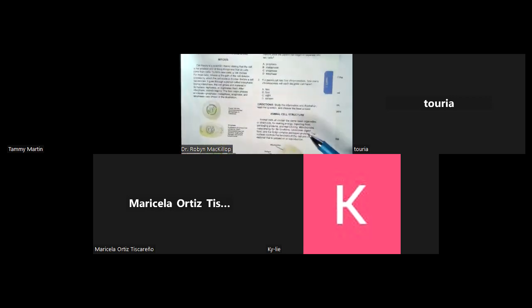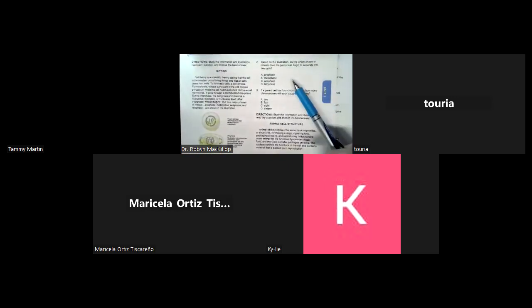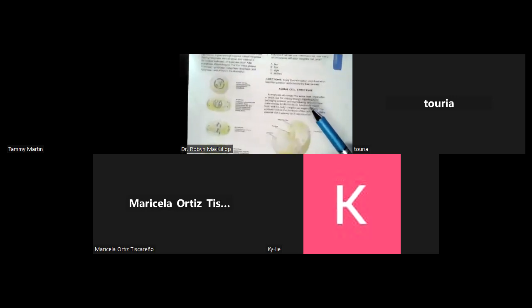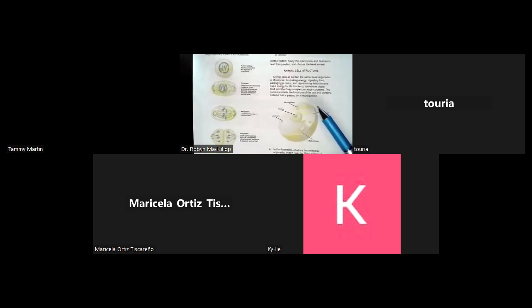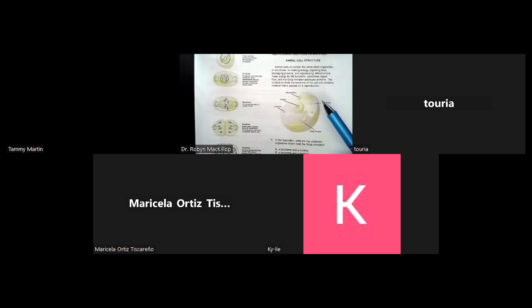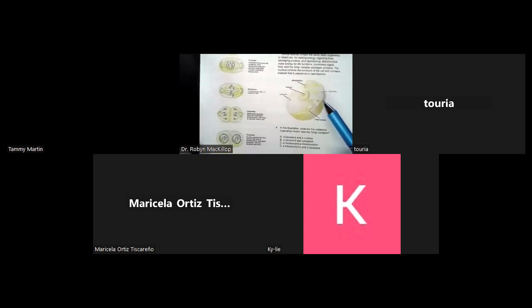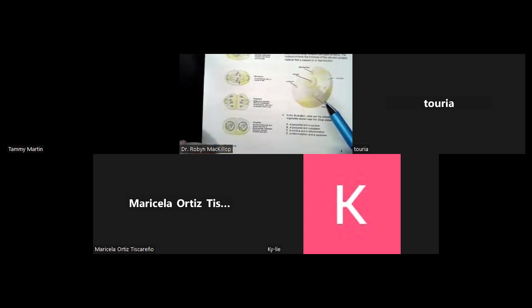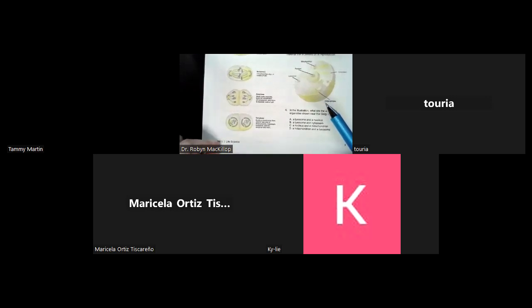So up here, they're asking us, during what phase of mitosis does the parent cell begin to separate into two cells? Well, that's not bad. We can just look at the images, can't we? Where does it begin to separate into two cells? Anaphase?